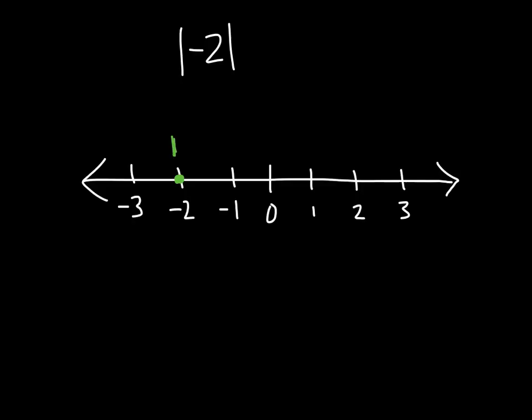So we start at the number and we go all the way over to 0, and then we count how many values that is, so the distance between. So we went 1, 2 places. So our absolute value of -2 equals 2, because you're moving 2 places.